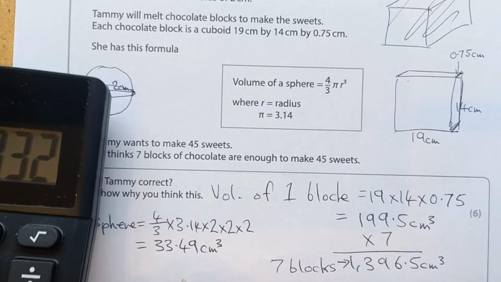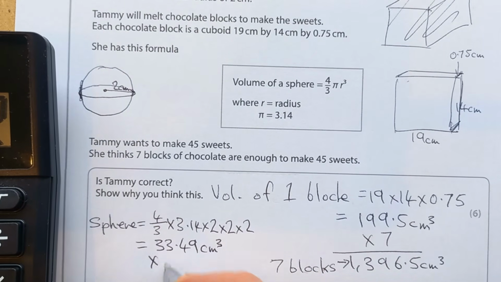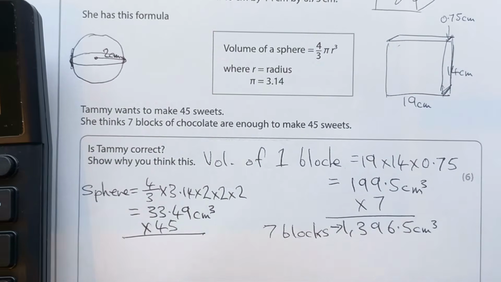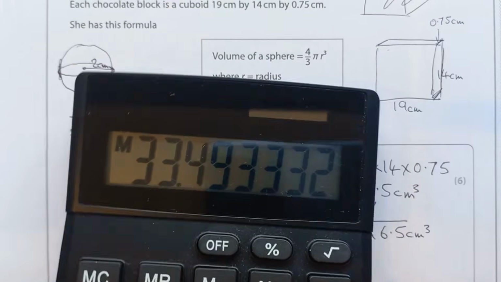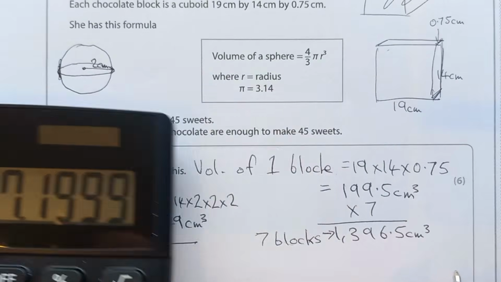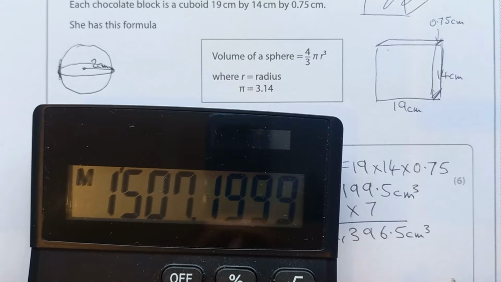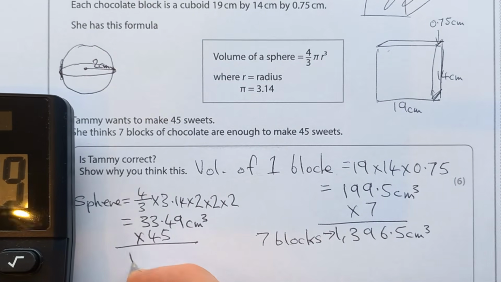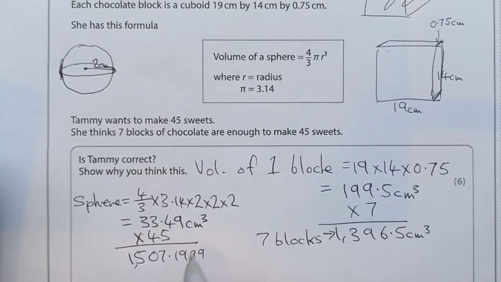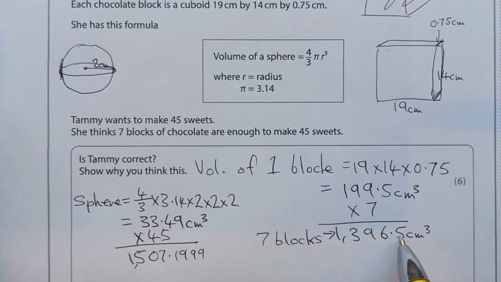Now she wants to make 45 of these chocolates. So we're going to multiply that by 45. So I've still got it in my calculator. Times it by 45. Right, so we've got 1507.1999. So let's round this to the nearest, well, we had this one to 1 decimal place, so let's do the same.